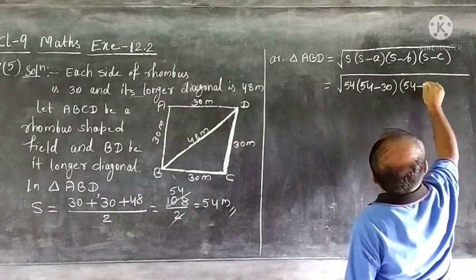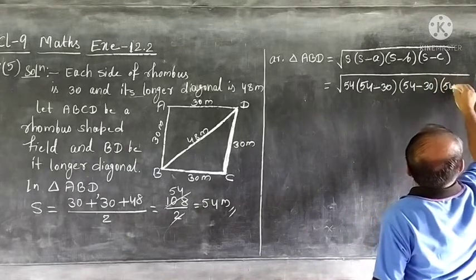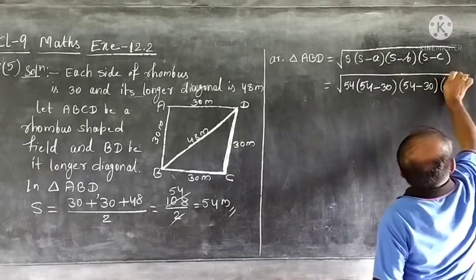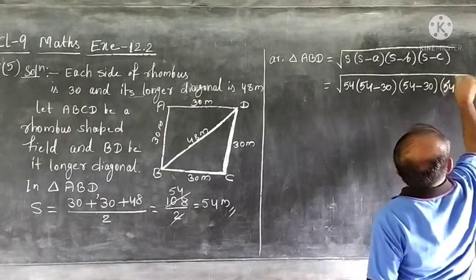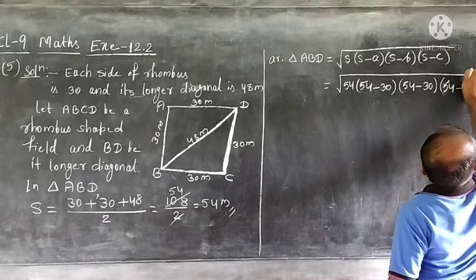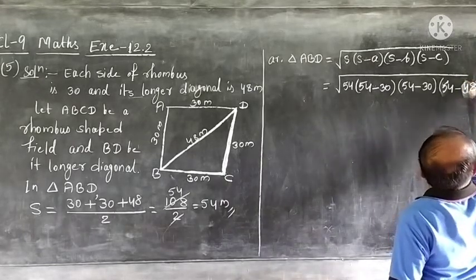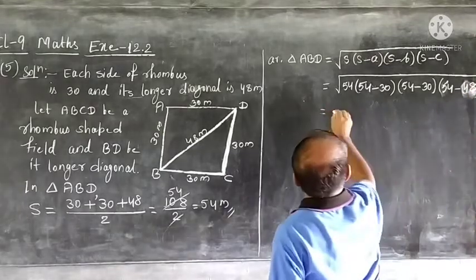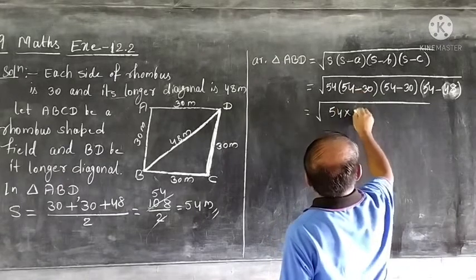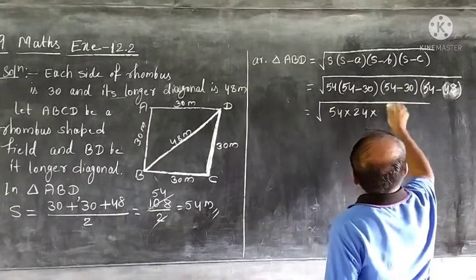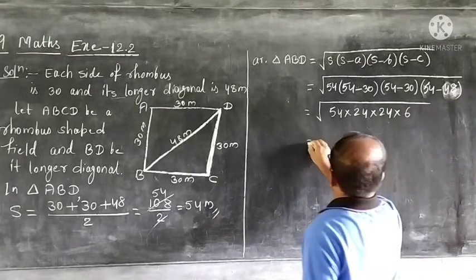So 54 minus 30, third one is 54 minus 48. Then 54 minus 30 is 24, 54 minus 30 is 24, 54 minus 48 is 6.